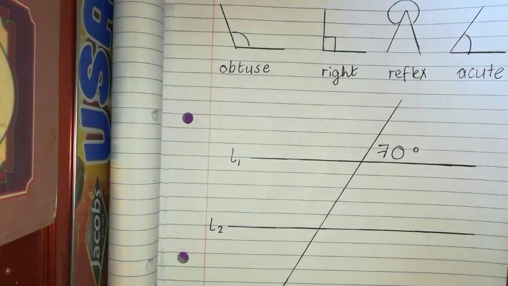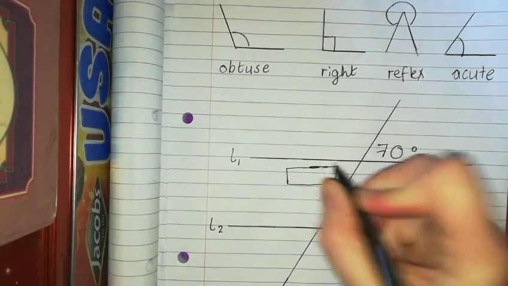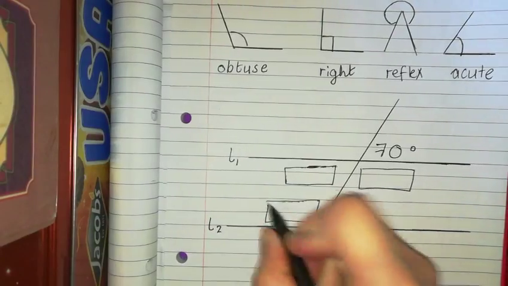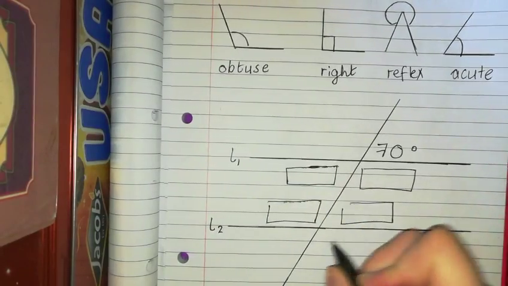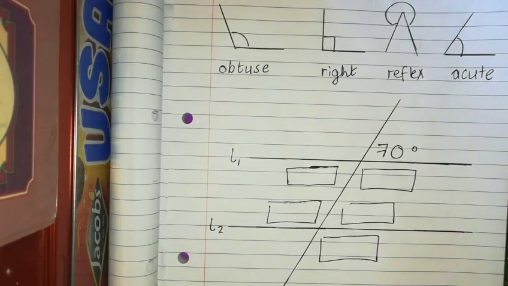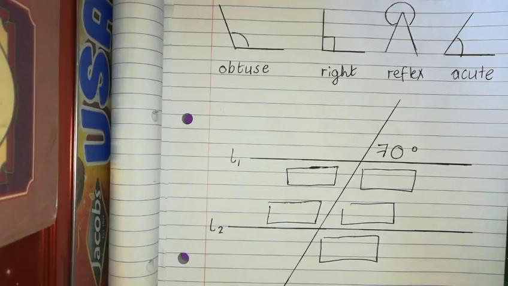So they want us to fill in what this angle is, what this angle is, this one here, and this one here. So write the measure of each angle shown in an empty box without using a protractor.